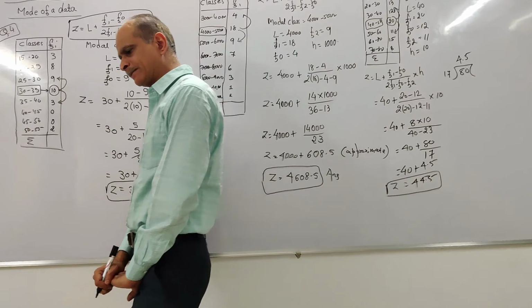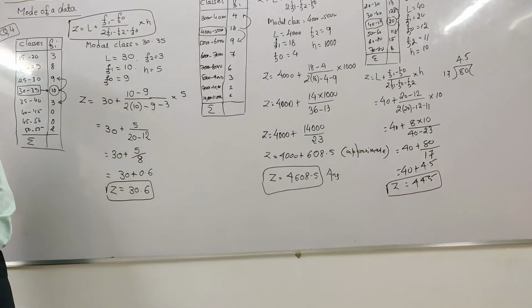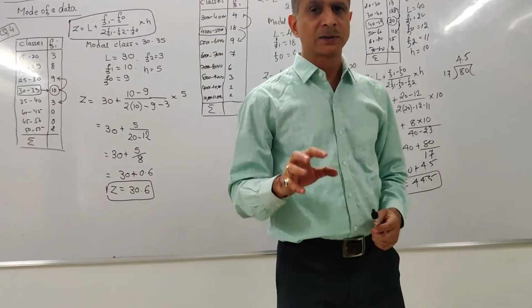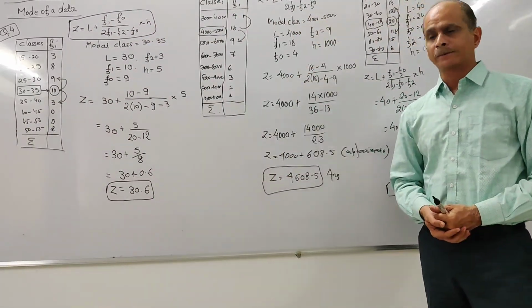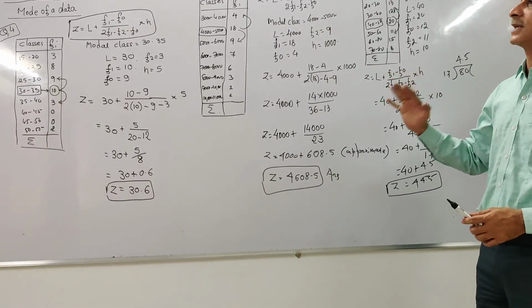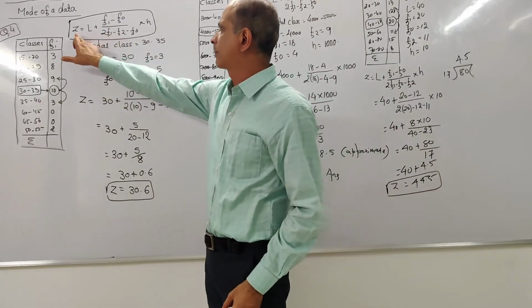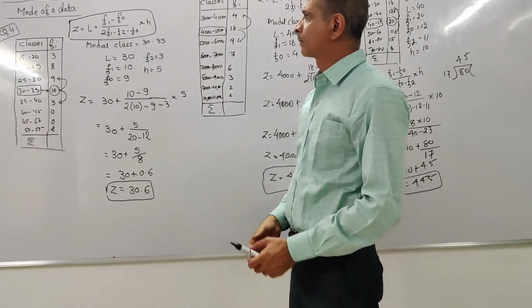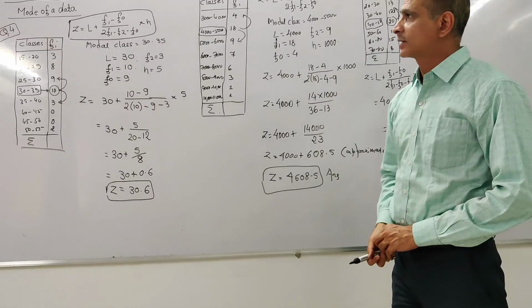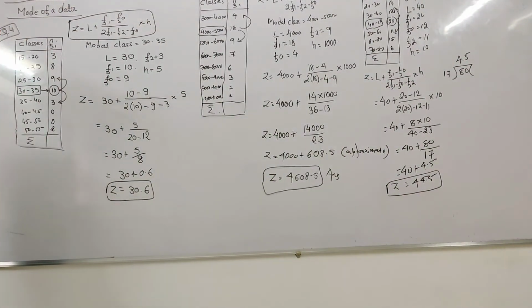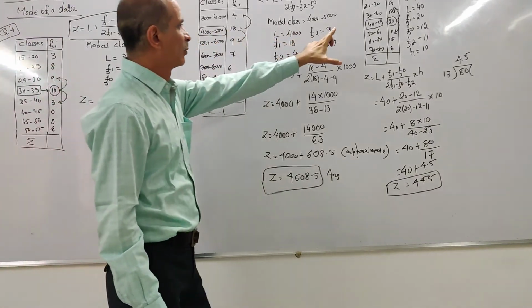Well, friends, in exercise number 14.2, there are 6 examples, and in all examples we have to find the value of the mode. We have already solved all 6 examples for your practice, and in all of them you have to use the same formula: Z is equal to L plus F1 minus F0 upon 2F1 minus F2 minus F0, into H. First of all, find the modal class.